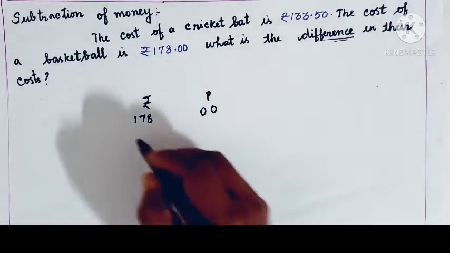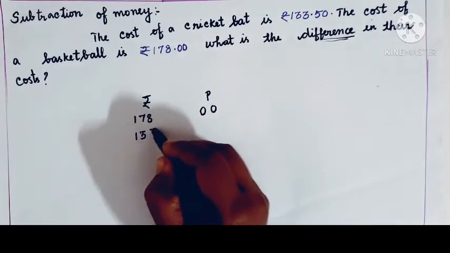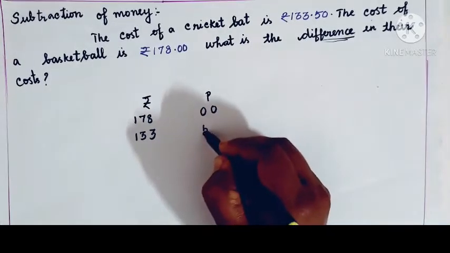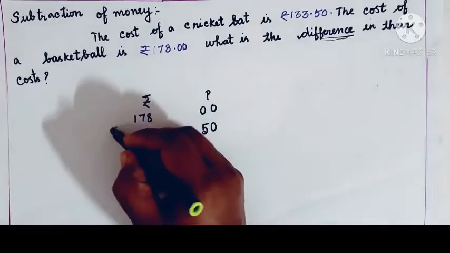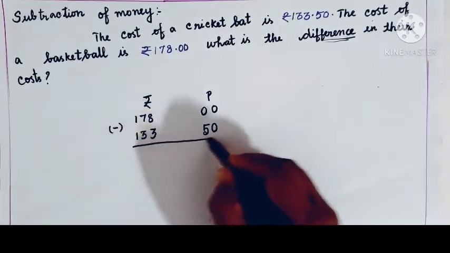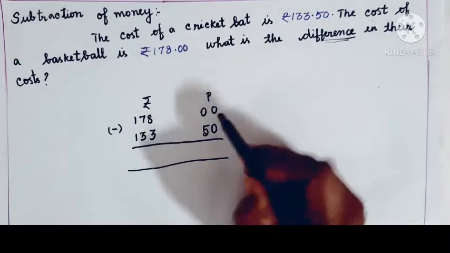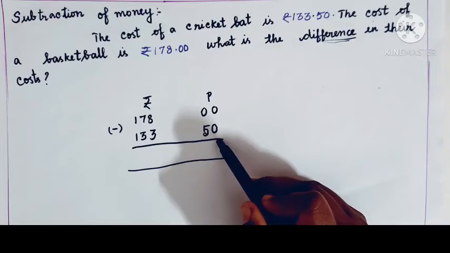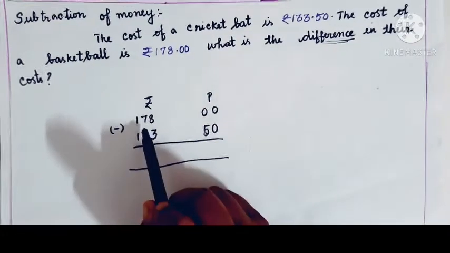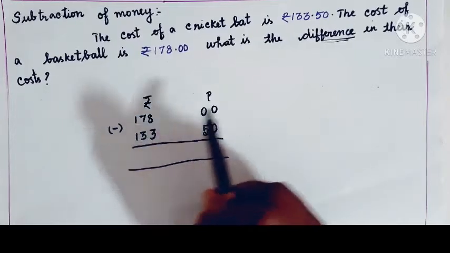And here you have 133 and 50 pies. Okay, then we are going to subtract. So what do you get? See, here you don't have any pies, but here you have 50 pies. Isn't so? So you are going to borrow from here to here.